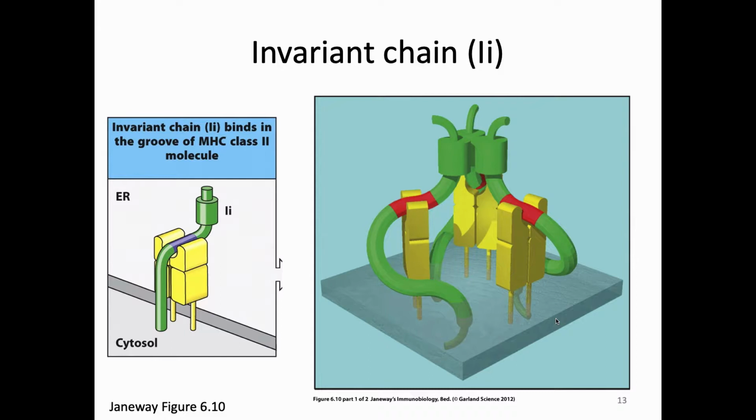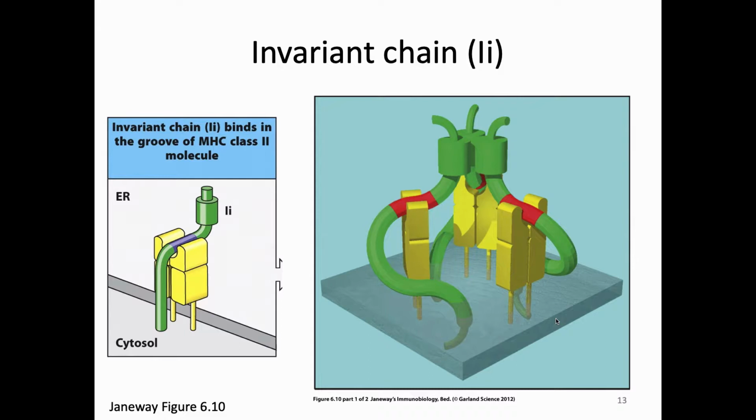The invariant chain has a portion that binds to the peptide binding cleft. And so it blocks the peptide binding cleft, so the MHC Class I peptides can't go there. There's something in the way, which is the invariant chain.